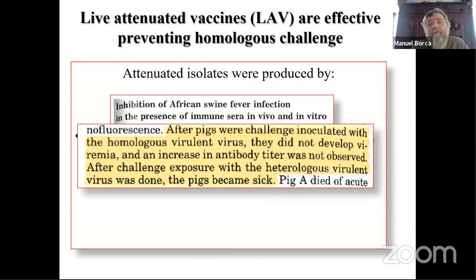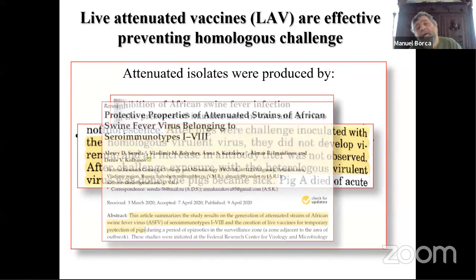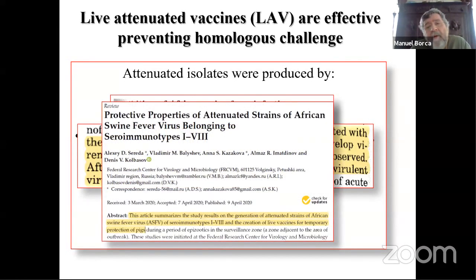I recommend a paper that has been published by Denis Kolbasov and his group, that actually is a review that contains all the efforts of his institute in producing virus adaptation, and actually we should say attenuation of virus by adaptation in PBMC and other cell lines.